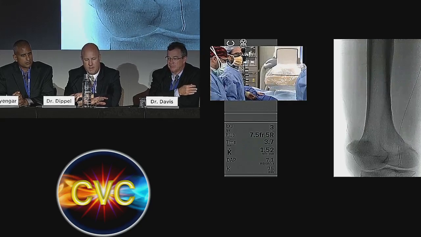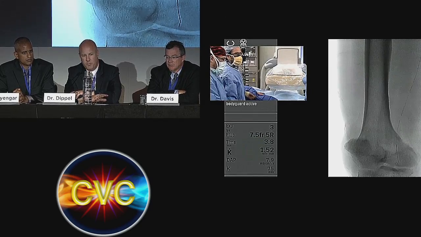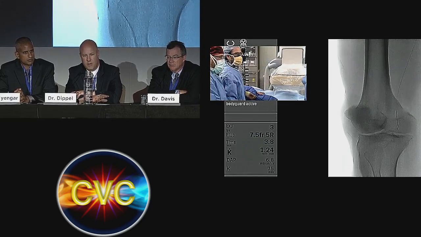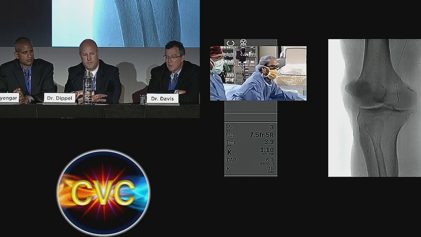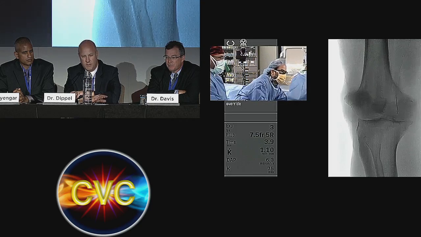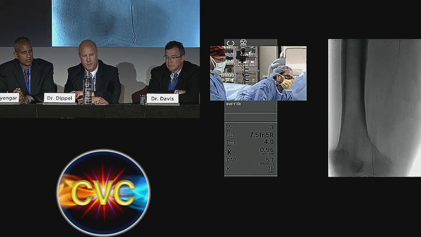I think that, to be honest with you, it's folklore that people with tibial disease do not claudicate. I've seen many, many patients that have severe tibial disease and no other significant disease above that have severe claudication.